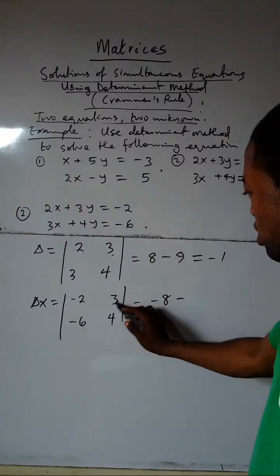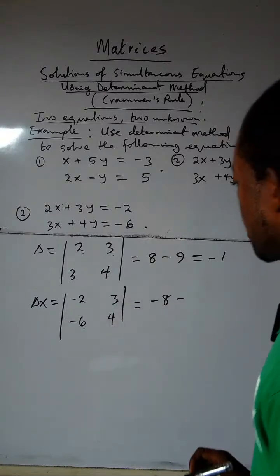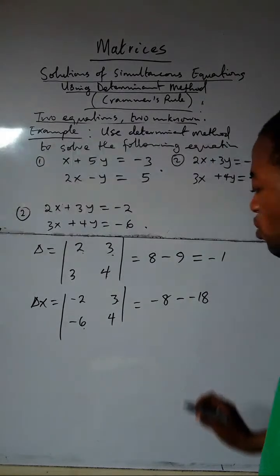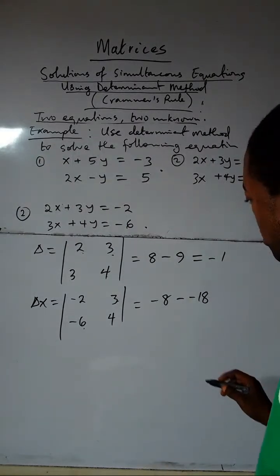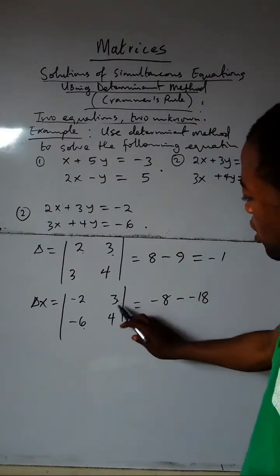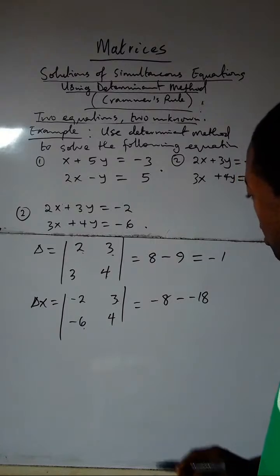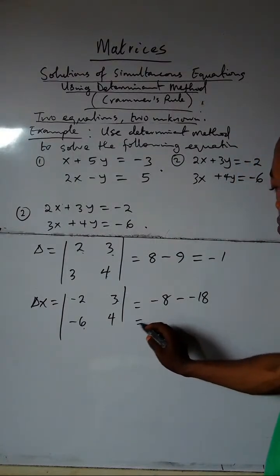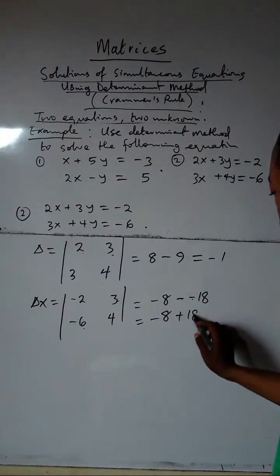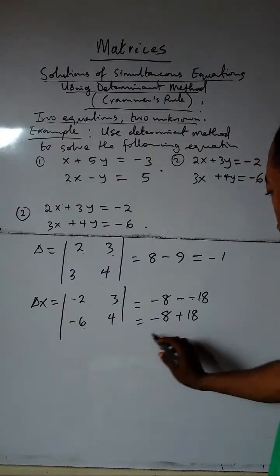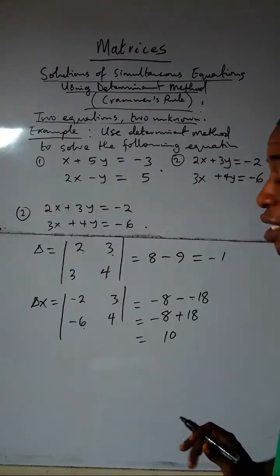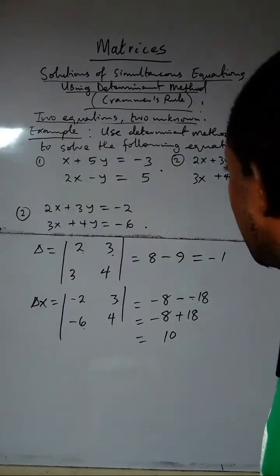Then minus 3 times minus 6, that's minus 18. We should not make a mistake here. There is a minus in between. And when you multiply 3 times minus 6, that gives us minus 18. And this becomes minus 8. Minus minus here is plus, that's plus 18. Which implies here we have minus 8 plus 18, that's 10. So the determinant with respect to x here is 10.